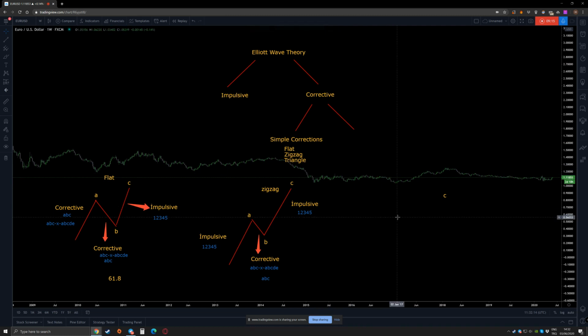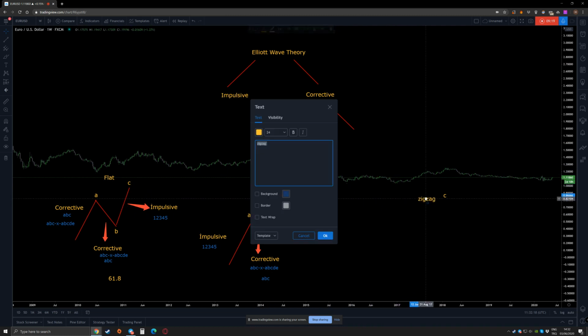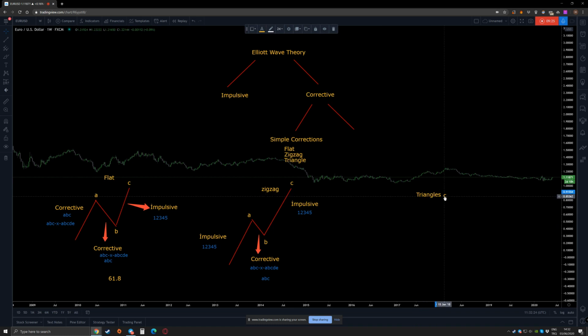Now we have the fun part, because of triangles. Triangles are tricky. If you see a triangle by itself in, for example, a B wave, then this is called a limiting triangle.